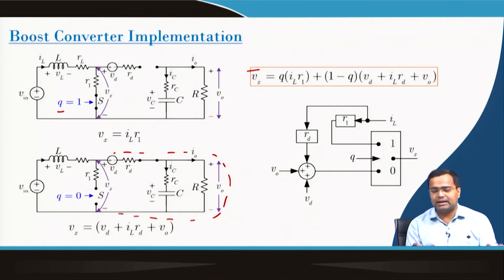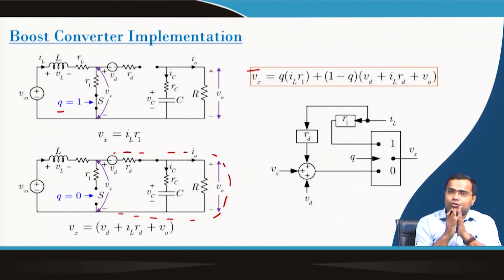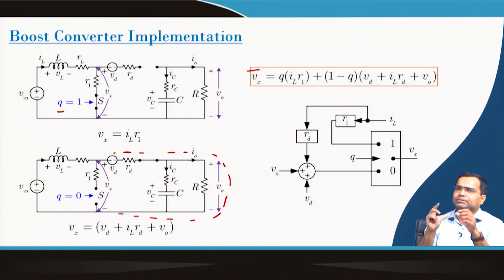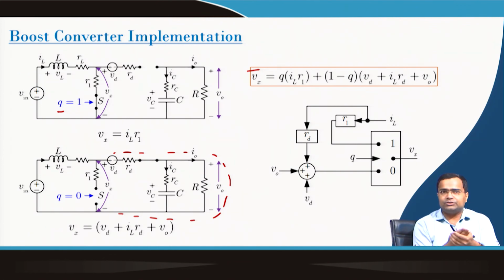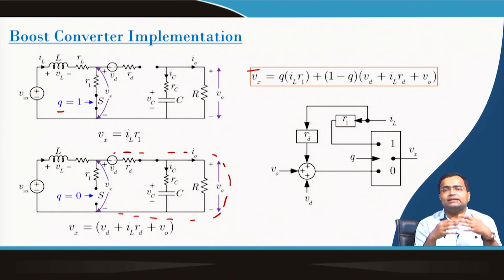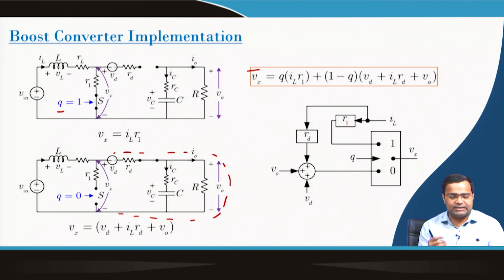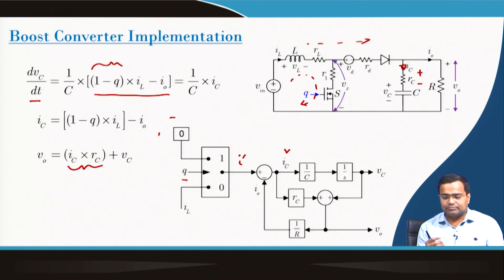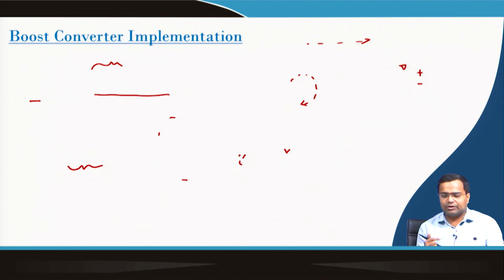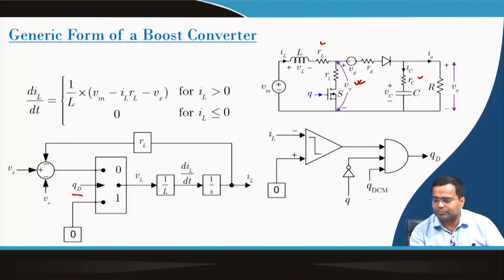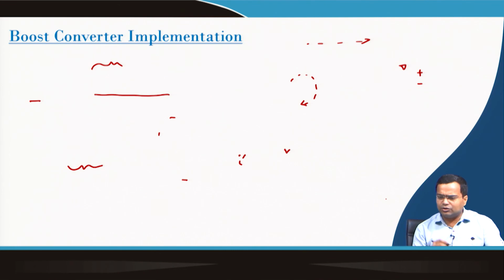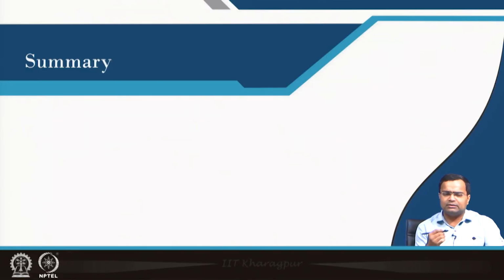So, we can now implement the boost converter. Again, if we do not want DCM operation, that means instead of a diode we replace it with a switch, a synchronous boost, then we can disable the DCM operation using the QDCM block that we discussed earlier, by setting it to 0. We will show in the MATLAB simulation how to enable and disable DCM operation.